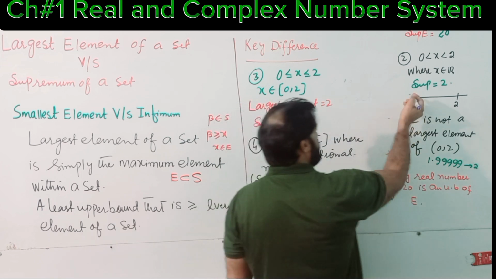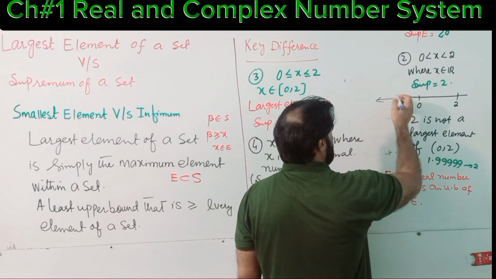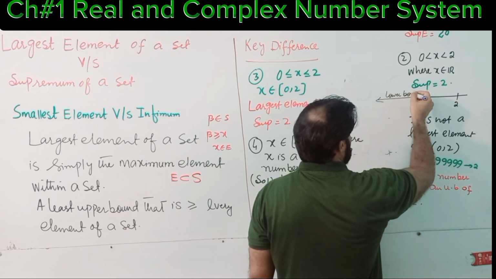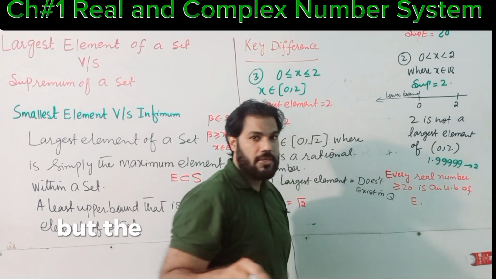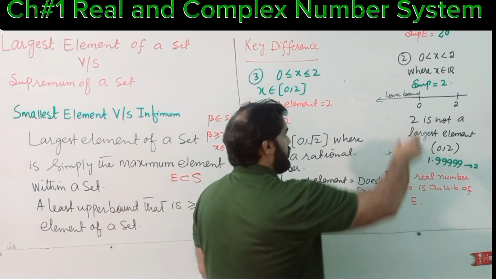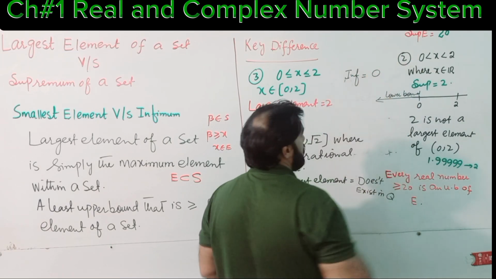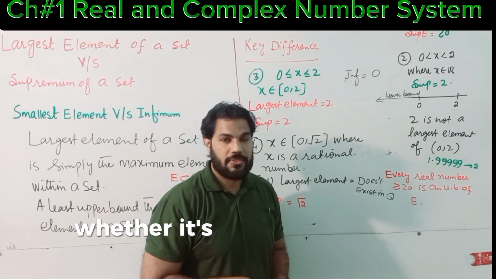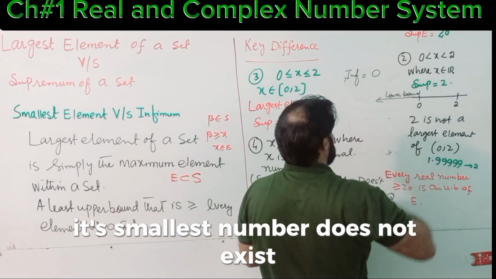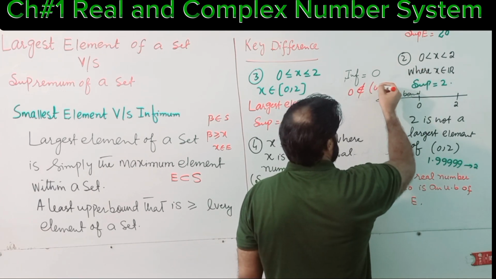You know that every real number that is smaller than 0 is its lower bound, but the greatest lower bound represents its infimum. So the infimum of this set is 0. Does its smallest number exist? No, its smallest number does not exist because 0 does not belong to the interval 0 to 2.